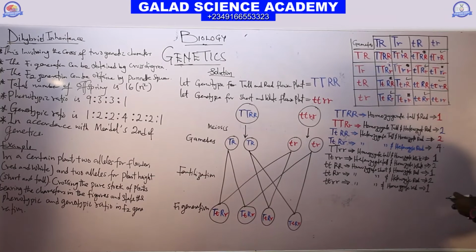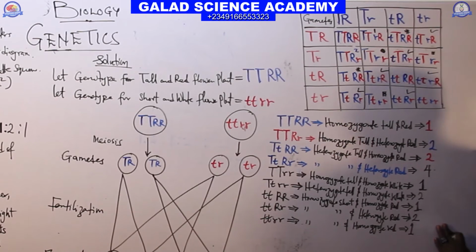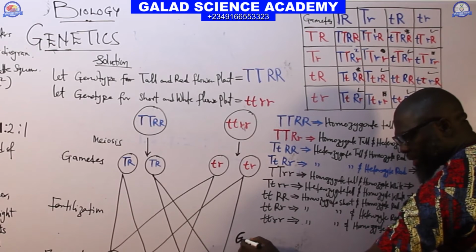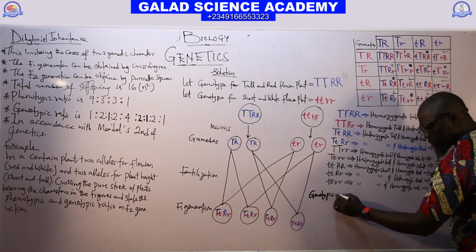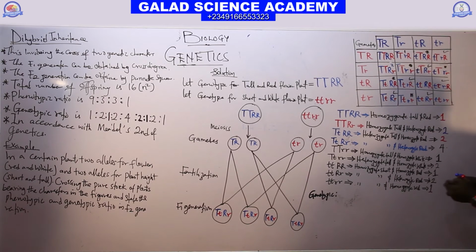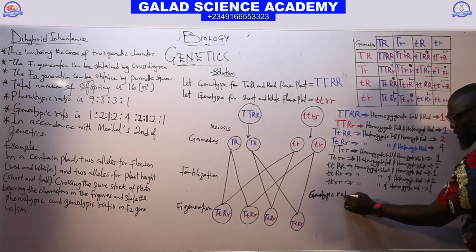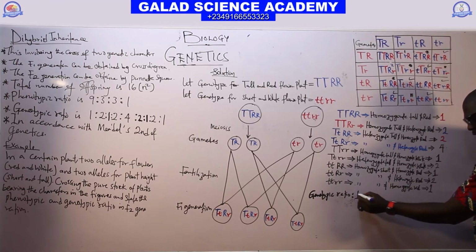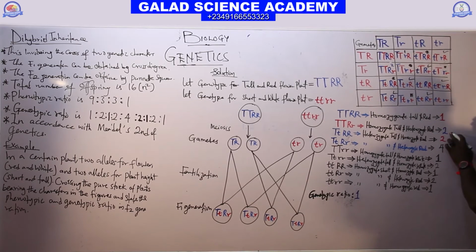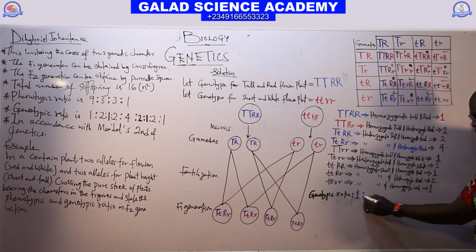What are we determining now? The genotypic ratio and phenotypic ratio. So by rearranging this now, the genotypic ratio from this expression will now be what? We have 1, 2, 1.